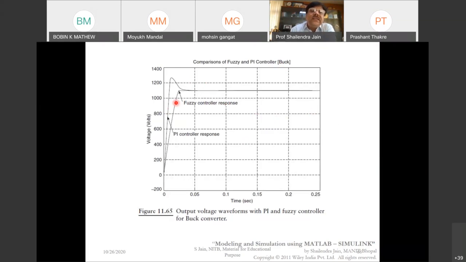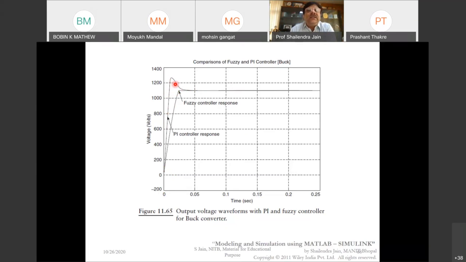So you can say this is the output of the fuzzy controller, whereas this is the PI controller. My output is 1100 volts. See, output is maintained constant at 1100. With fuzzy, you can see there is no overshoot at all. Whereas in the conventional PI controller, initially my voltage overshoots to around 1300 volts.